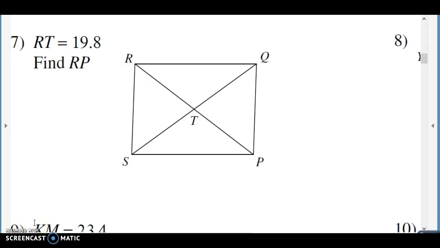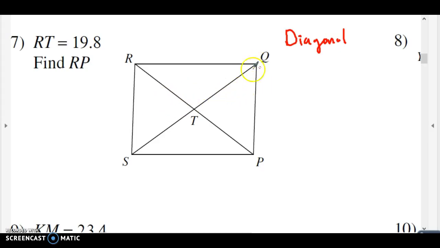All right, now you will notice that this diagram looks a little different than the previous because it has these extra lines drawn in. What do we call lines that connect vertices like this? Yes, Wendy? These are diagonals. We are working with the diagonals in these problems. So when we're working with diagonals, we know that diagonals have some very special properties inside of a parallelogram.